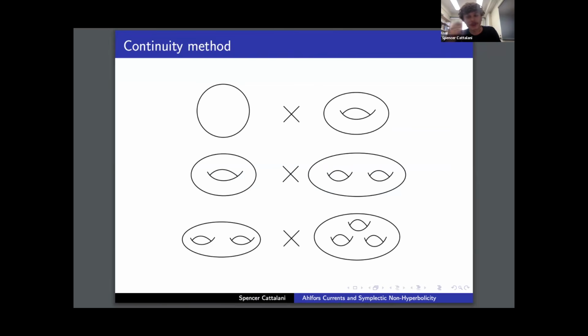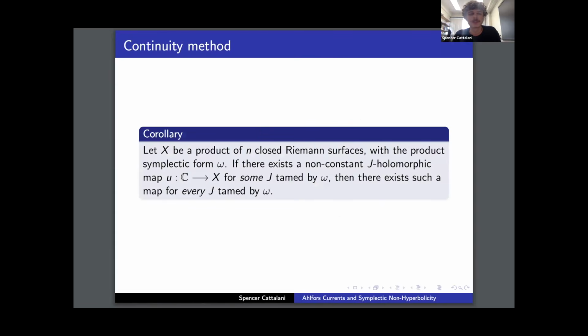And in this case, it follows from Gromov's work on Kähler hyperbolicity, really the notion of Kähler hyperbolicity from 1991, that no tame J contains a complex line. So that's the dichotomy. In the first two cases, you always do, and in the last case, you never do. And that's how this corollary is proved.